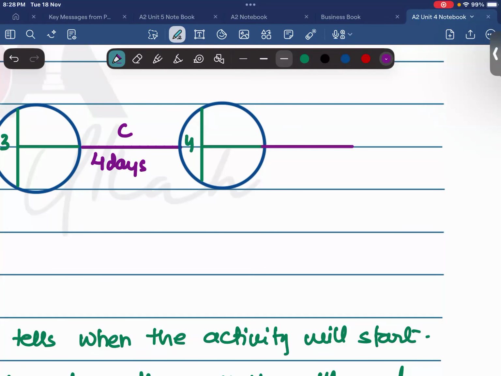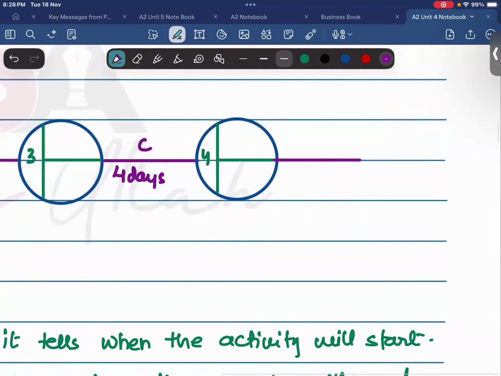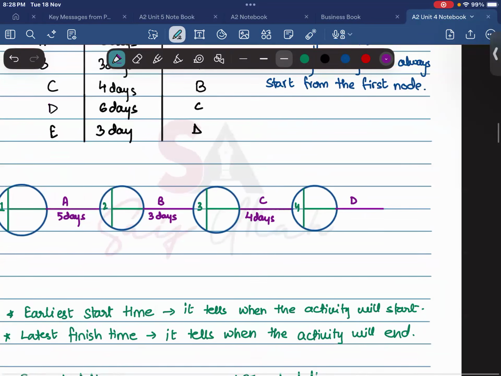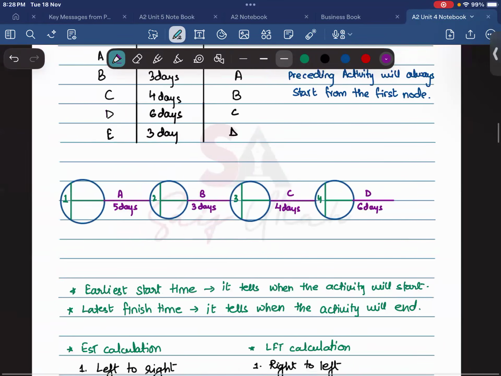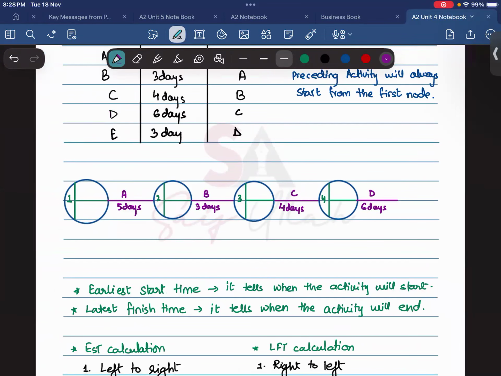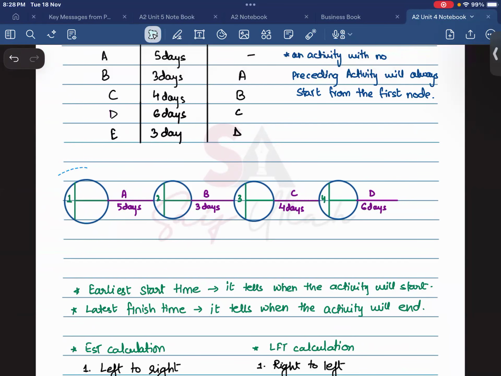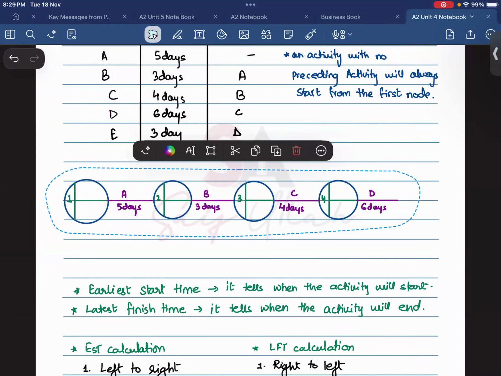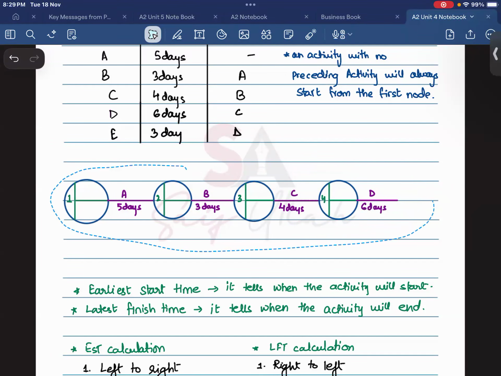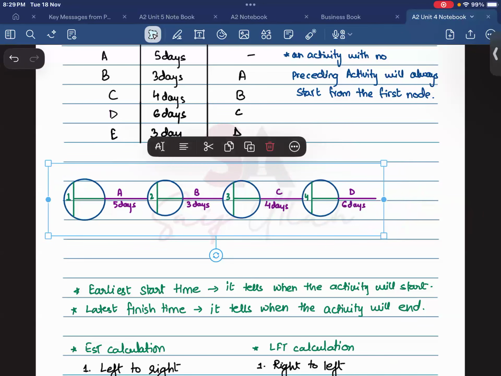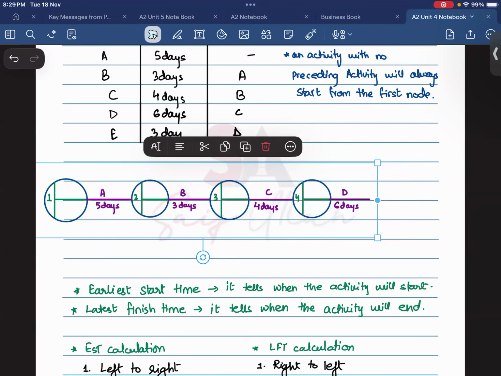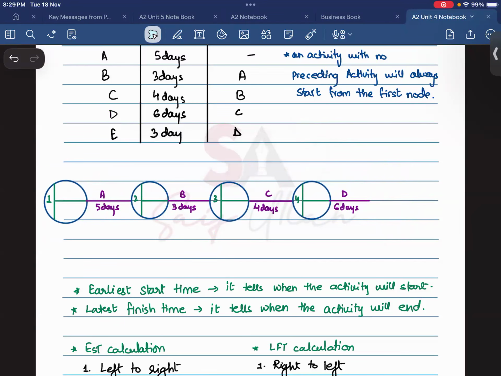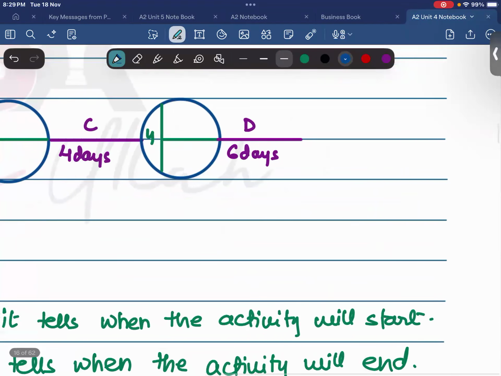And over here, we start activity D with a duration of 6 days. So this is 6 days. And after that, we have an activity E, which has to be started after ending activity D. So now we are going to end activity D and start activity E. So over here, we are going to end activity D by making a node.